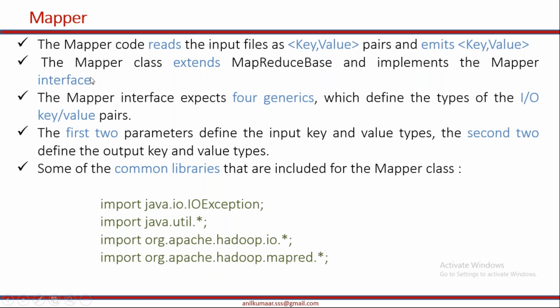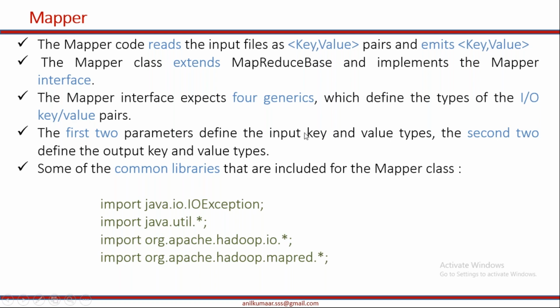So that's the reason what our class has to do. Our child class has to extend the MapReduceBase class, and it has to implement the Mapper interface. This is the first job. And the Mapper interface always expects four generics as key value pairs, two for input and two for output.